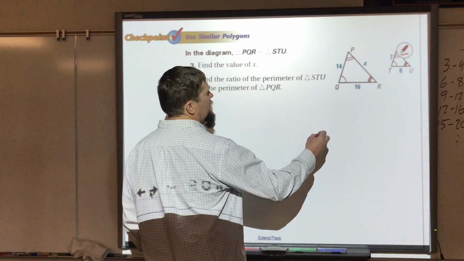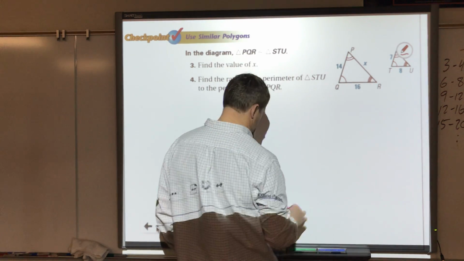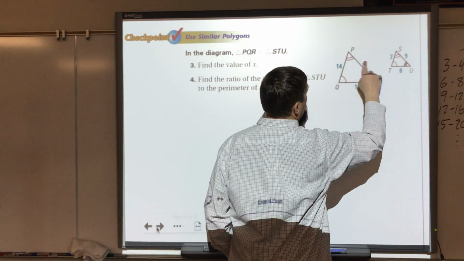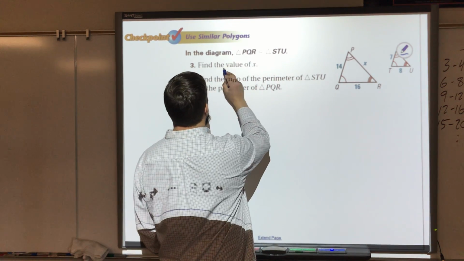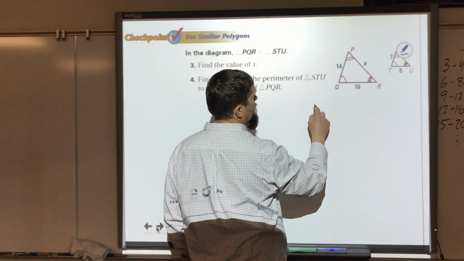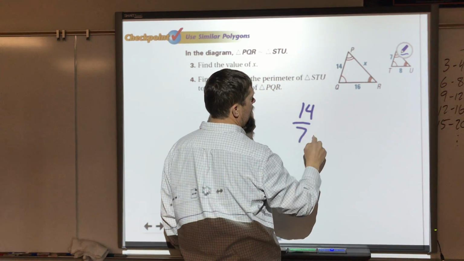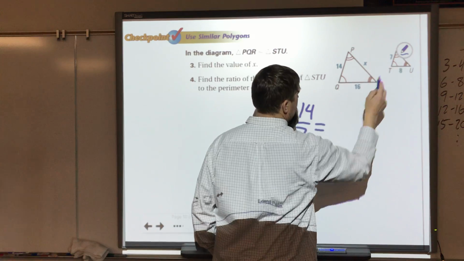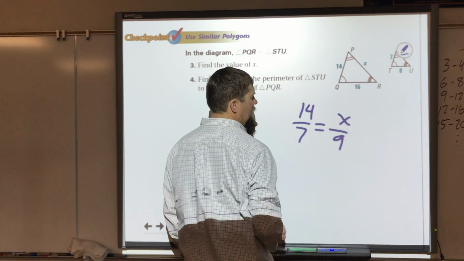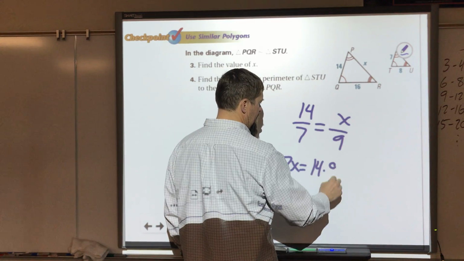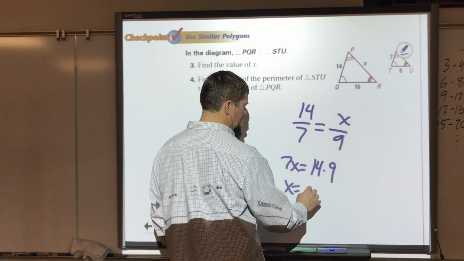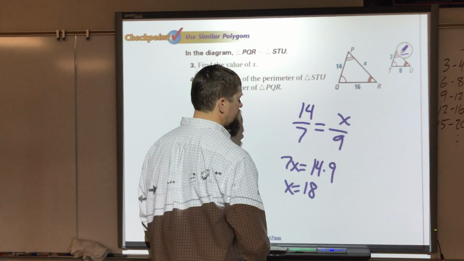For x, you could use the ratios of two of the sides. It doesn't matter which one, so 14 to 7 equals x to 9. So 7x is equal to 14 times 9, so x is equal to 18.